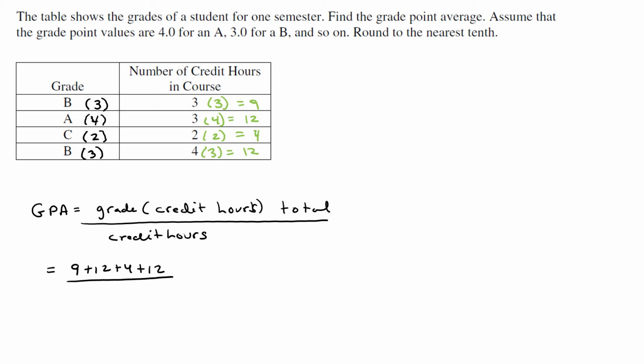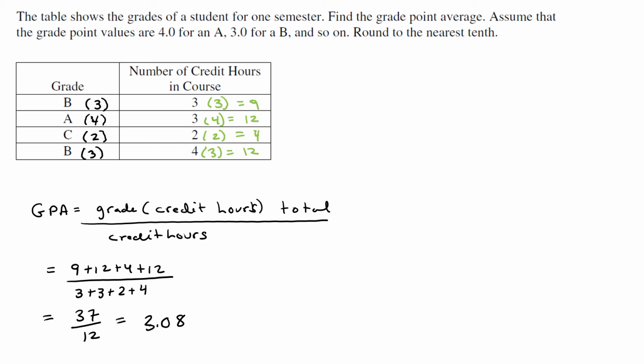So there's 3 credit hours for the first course, 3 for the second, 2 for the third, and 4 for the fourth. So together we've got 9 plus 12 plus 4 plus 12. So 37 divided by our 12 total credit hours.